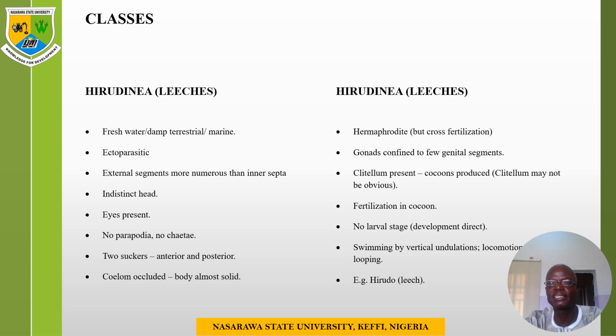They are hermaphrodites, and cross-fertilization occurs. The gonads are also confined to a few genital segments. The clitellum is also present in this class of organisms. Cocoons are also produced, and the clitellum may not be obvious.